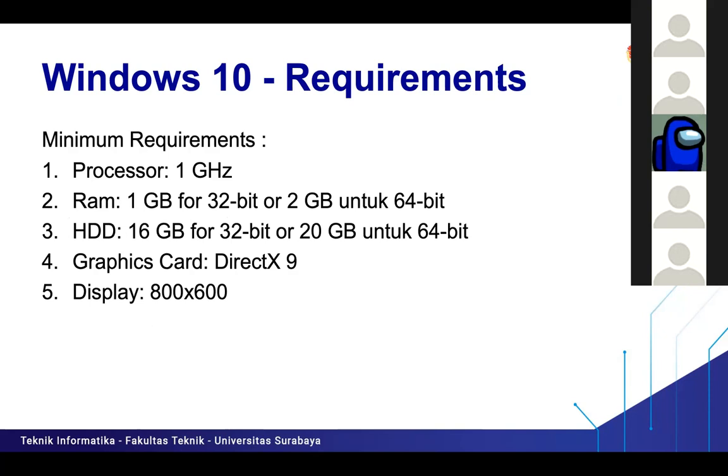Okay, and these are the Windows 10 requirements. If you want to install Windows 10 on your computer, you have to make sure that you have a processor with 1 gigahertz frequency, and you need 1 gigabyte of RAM for 32-bit, or 2 gigabytes for 64-bit, and you also need a minimum 16 gigabytes of HDD for 32-bit, or 20 gigabytes for 64-bit.